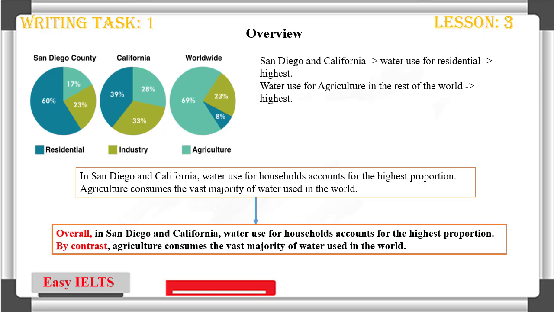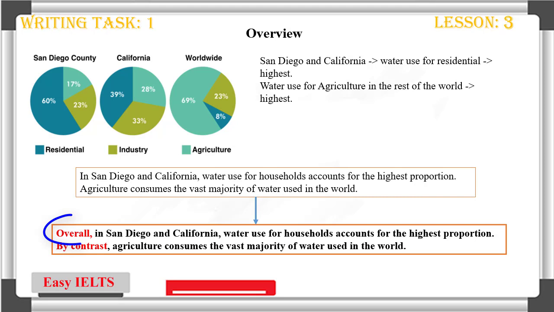In our example, San Diego County and California both use water the most for residential purposes, so we use that for our first main feature. For the second main feature, I have chosen to use the highest value worldwide, which is in the agricultural sector. Once I decided which are my two main features, I then write down the overview.